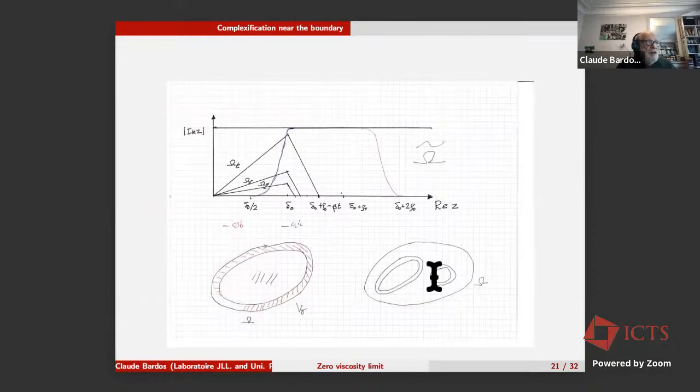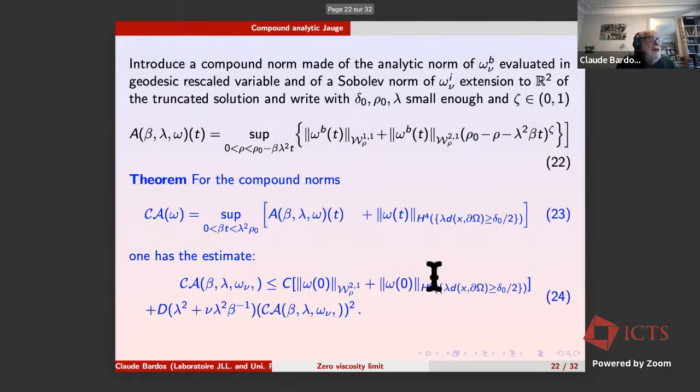So here is this picture that I will still keep in mind. And then I introduce a compound norm, which is made by the analytic norm of omega nu, evaluated in geodesic rescaled variable, and the Sobolev norm, say in H3, of omega IE, which is the extension to R2 of the truncated solution, and all that is done for parameters delta rho 0 lambda small enough.